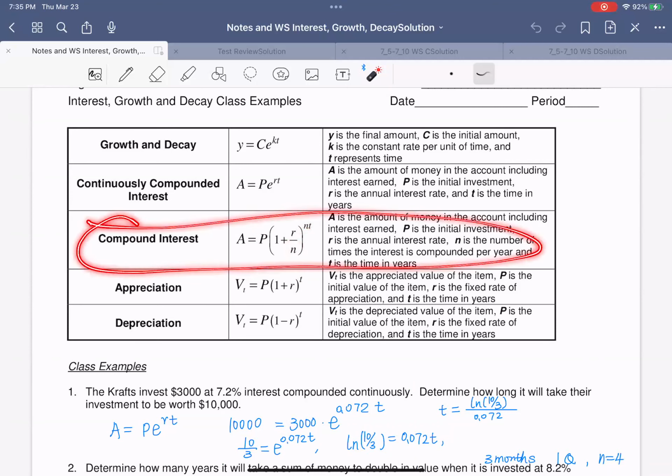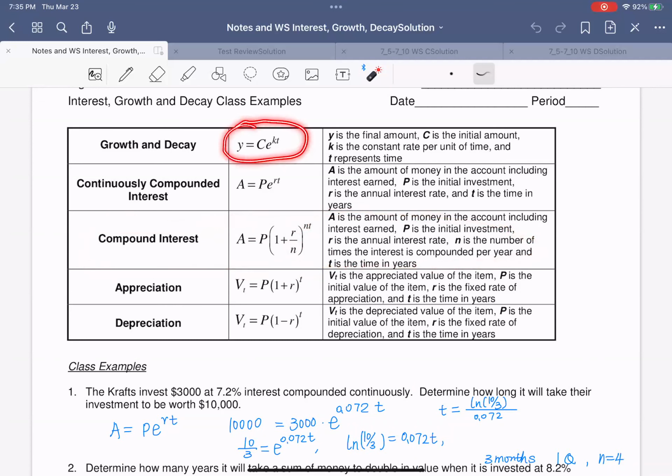Now this one is something old. And the growth and the decay are always using this. Okay? C is the initial value. K is the decay rate. E to the power kt, e to the power rt. These two are almost the same, just with different meaning.